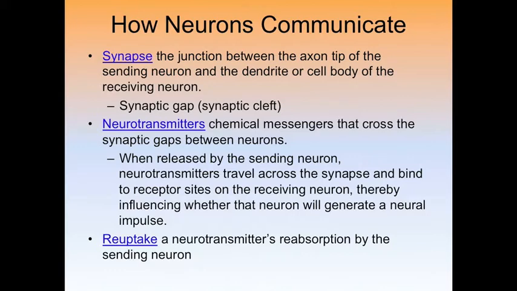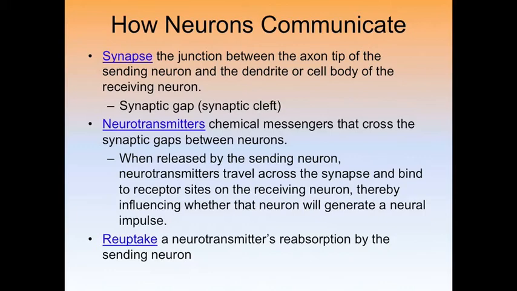So we call that the synaptic gap, and inside this gap, these chemical messengers are sent across, which we're going to call neurotransmitters. There are several different types of neurotransmitters, each one having a different effect on the neuron. When these neurotransmitters are released, they get sent across that synaptic gap, and when they reach the dendrites, those receiving branches of another neuron, those chemical messengers carry on that impulse.